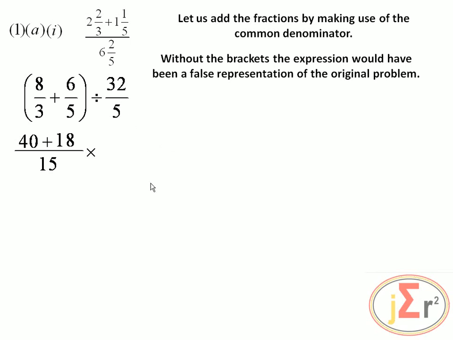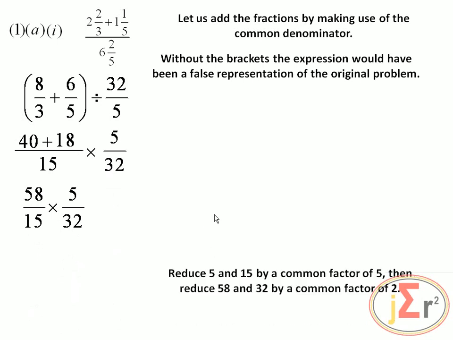If we are dividing, an equivalent operation would be to multiply by the inverse. So dividing and multiplying by the inverse is actually the same thing. And that we have done. So we have 40 plus 18 is 58 divided by 15, and of course 5 divided by 32.